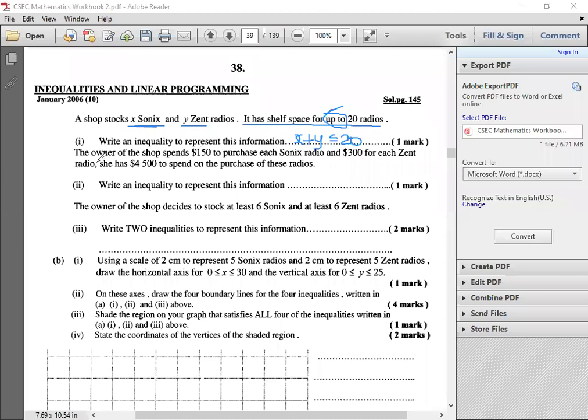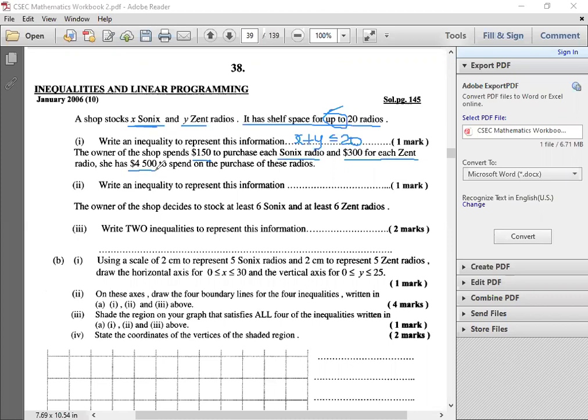Next constraint is that the owner of the shop must spend $150 on a Sonic radio and $300 on a Zent radio, and she has $4,500 to spend.